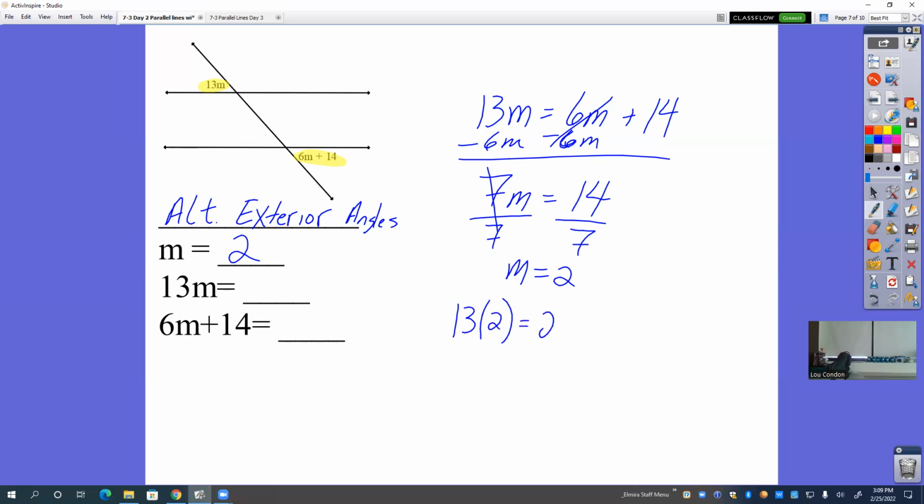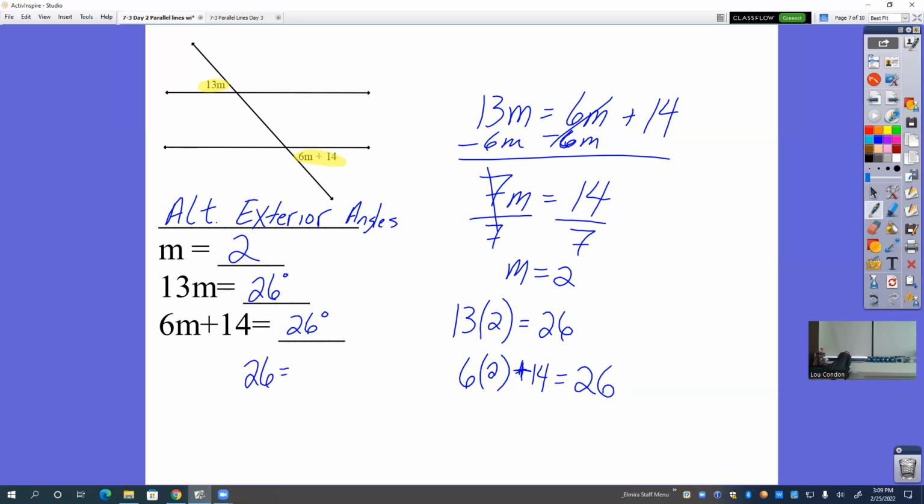13 times 2 is 26. 6 times 2 plus 14, 12 plus 14, also equals 26.